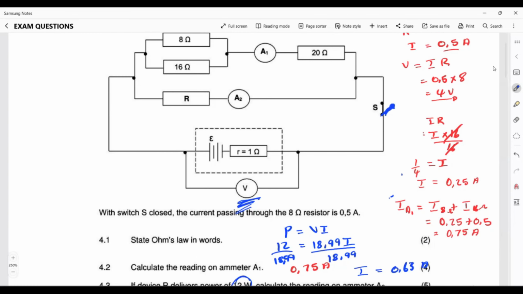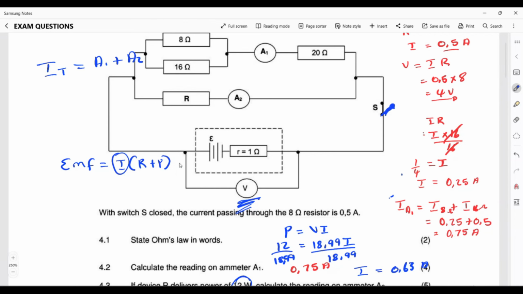How can we find the EMF now? So to find the EMF, we're going to use the formula EMF is equal to I into R plus small letter r over there, like that. So now, sorry, we are going to firstly calculate the total current, because for the total current, IT is made up of A1 plus A2.